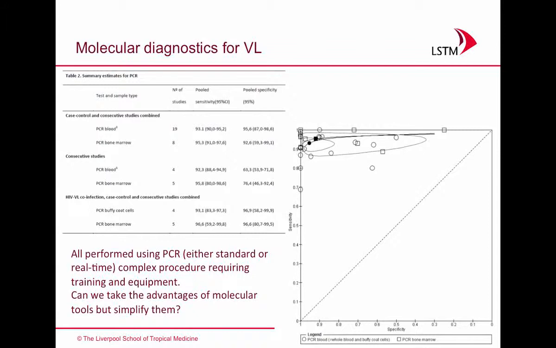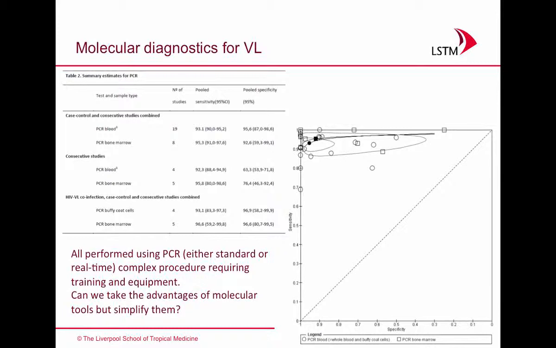So the molecular diagnostics, all this genomic information that we're now getting out, can we use this to produce good molecular diagnostics? Well, recently we did a systematic review of all molecular diagnostic studies that have been published.